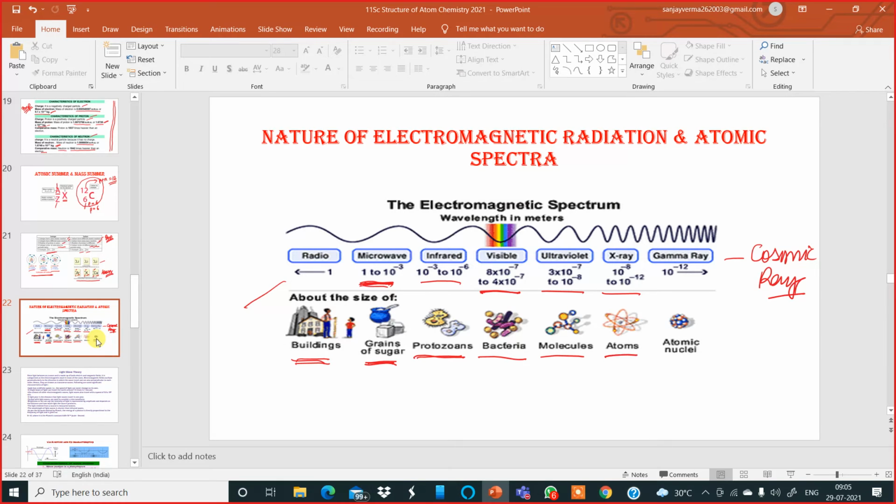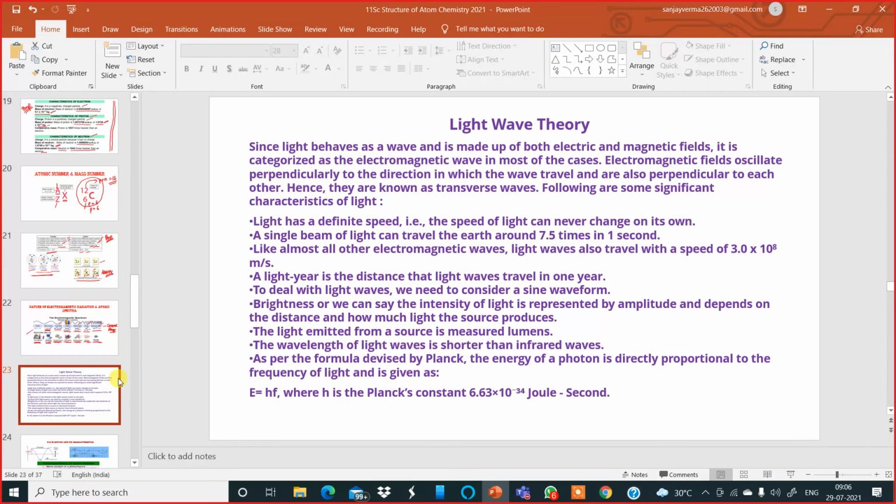X-rays, atomic size. Gamma rays, atomic nuclei. So this is a comparative study, a brief idea about the wavelength in meters of the different types of electromagnetic waves: radio, micro, infrared, visible, ultraviolet, X-ray, and gamma rays. You can compare and get an idea from here regarding the wavelengths in meters. Now, moving to our next slide, we look at a theory called light wave theory.